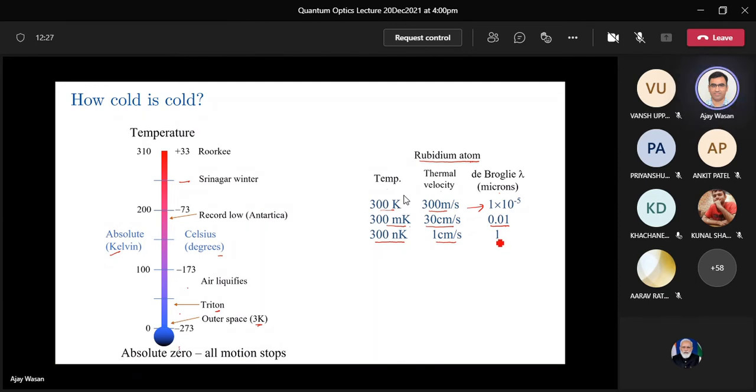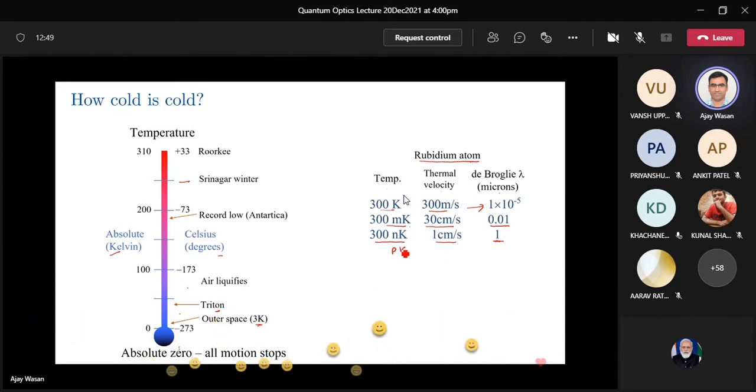And the corresponding de Broglie wavelength will be 1 micron. And people have reached up to picokelvin also. But the problem with picokelvin is due to the Heisenberg uncertainty principle, we cannot make out where the atom is.